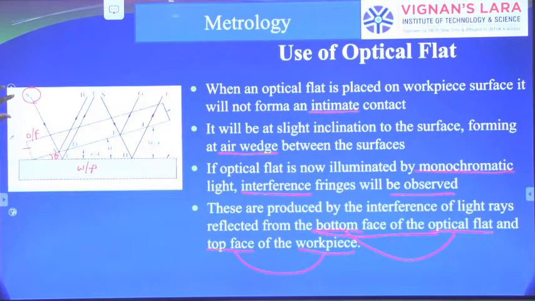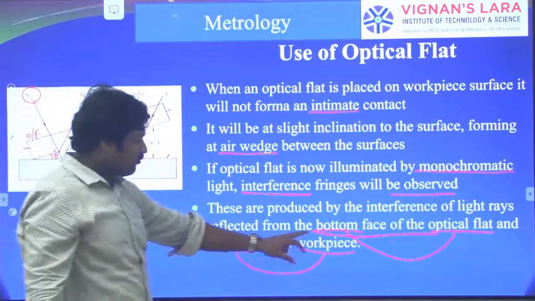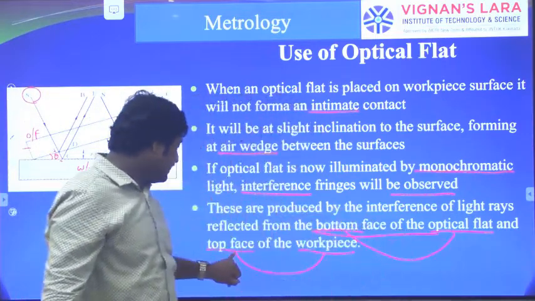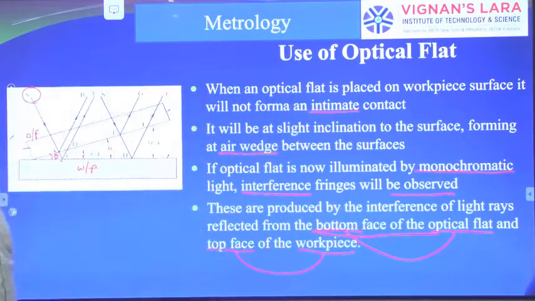If you observe, a light ray is emitting from the source S and it is falling on our optical flat. So at A it is reflecting. It means it is reflecting due to the bottom surface of the optical flat, and again here it is reflecting, that is due to the top surface of the workpiece. So that is the bottom face of the optical flat and the top face of the workpiece.